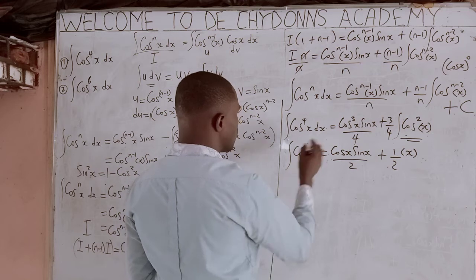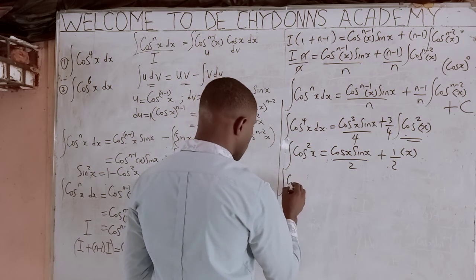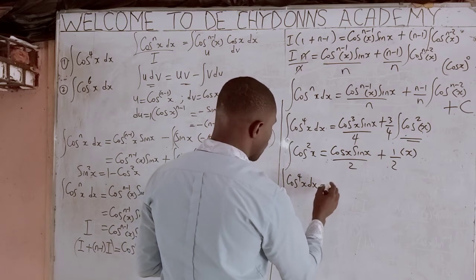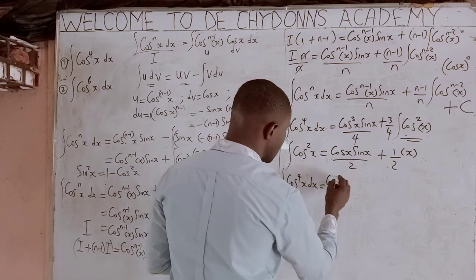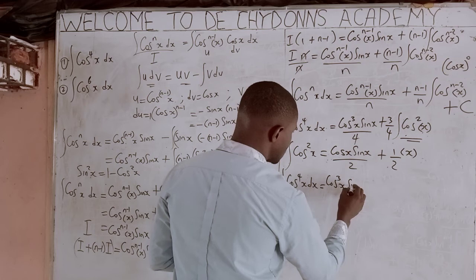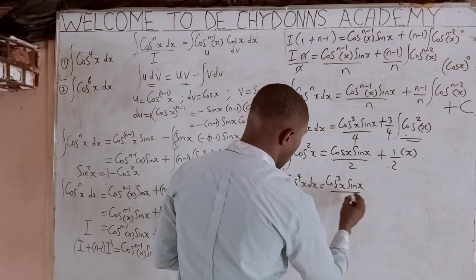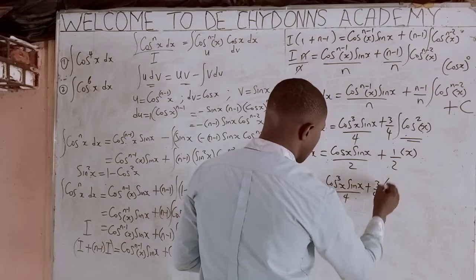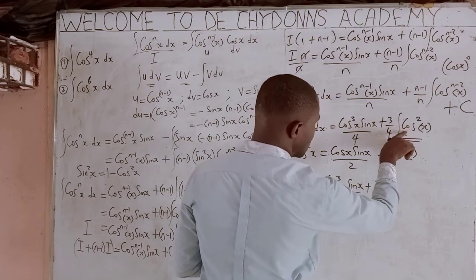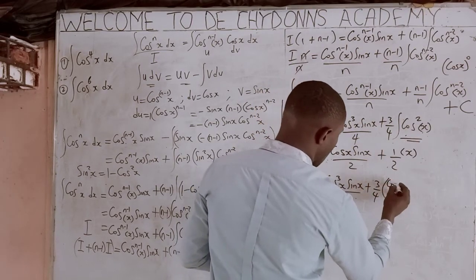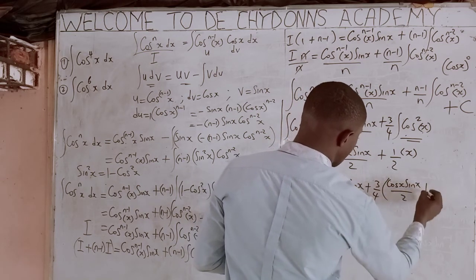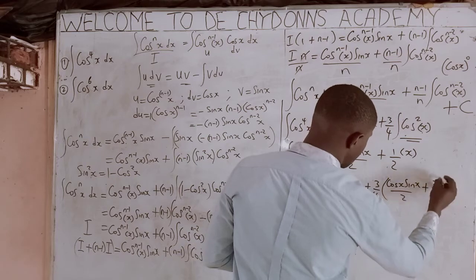Now finally, you will say integration of cos^4 x dx is equal to cos^3 x sin x all over 4, plus 3 over 4 bracket. What is integration of this? Cos x sin x all over 2 plus x over 2.